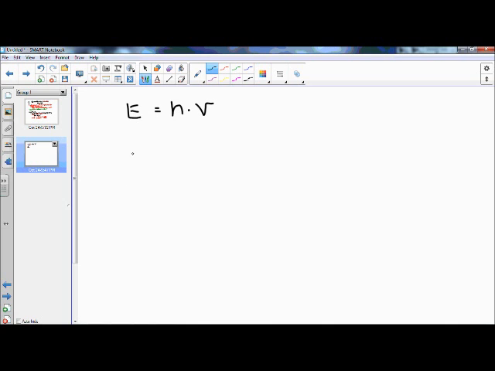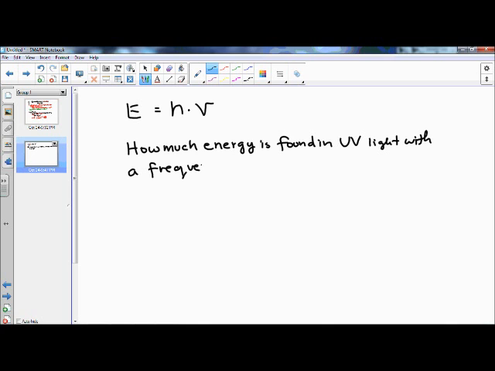Let's say, for example, we want to find out how much energy is found in ultraviolet light that has a frequency of 9.2 times 10 to the 16th hertz.